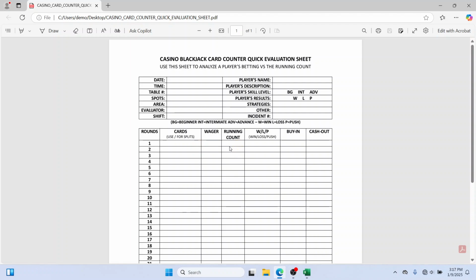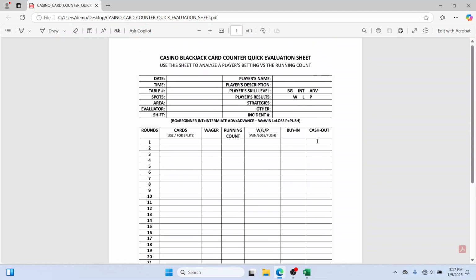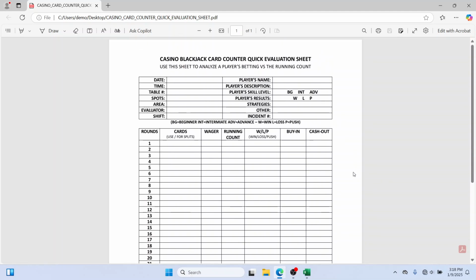You can calculate the running count also, and then you have to analyze whether it is a win, loss, or push, and then you will put your information up here, such as the date, time, table number, spots the player is at, area, the evaluator, and etc. We'll use this to run down the player to see if that player is counting cards, or if they're tracking tens, or tracking aces, and etc.